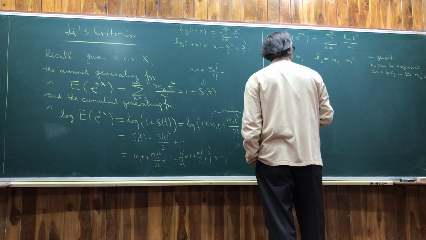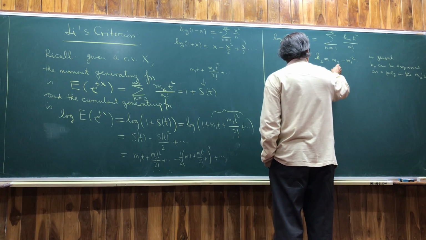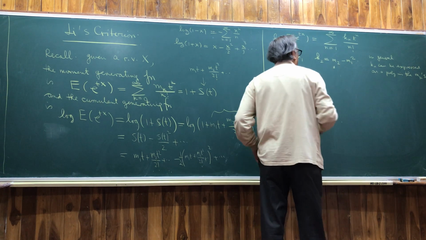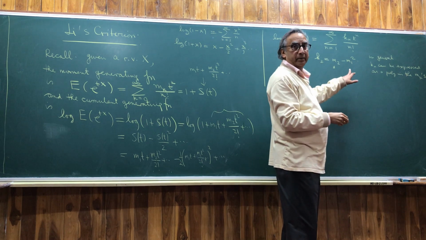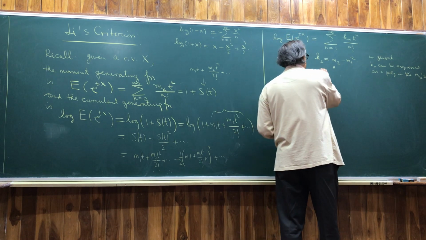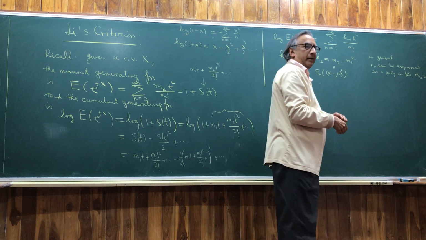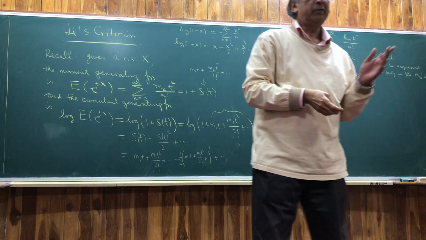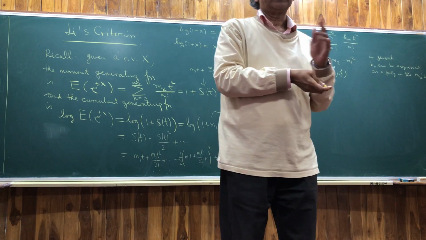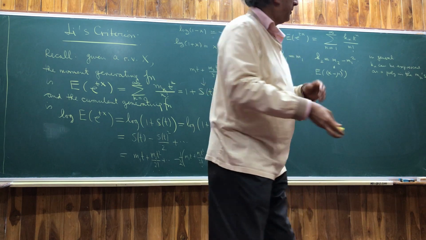Notice that this is the second moment, this is nothing but E of X minus mu squared, the variance. Remember, the variance of a random variable is the expectation of X minus mu squared.